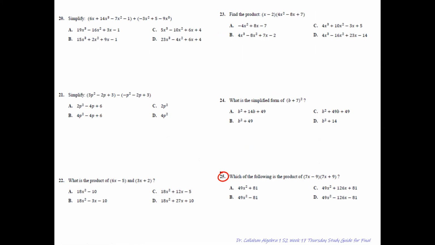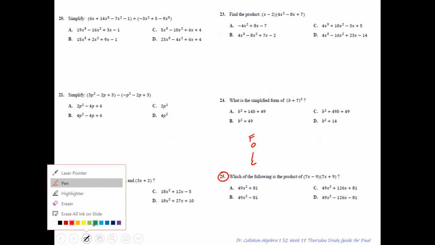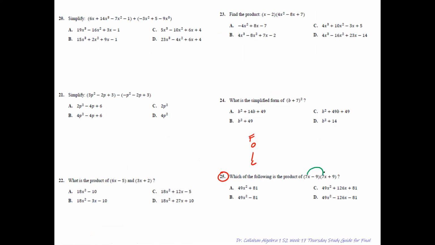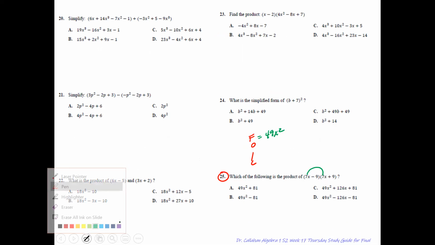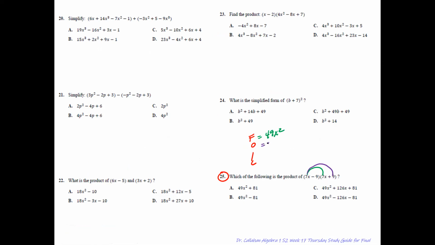That looks good. Okay, so for question number 25 on your new study guide, you have this right here. So you're going to have to do something called FOIL, where it is going to be the first term, so 7x and 7x, which is 49x squared, and then outer for O, 7x times 9, 63x, inside for I, negative 63x, and then last, which is going to give you a negative 81.